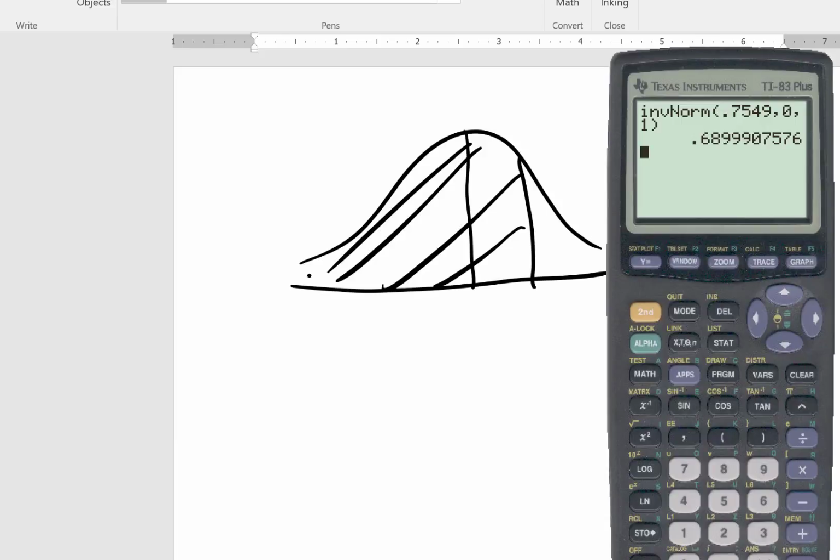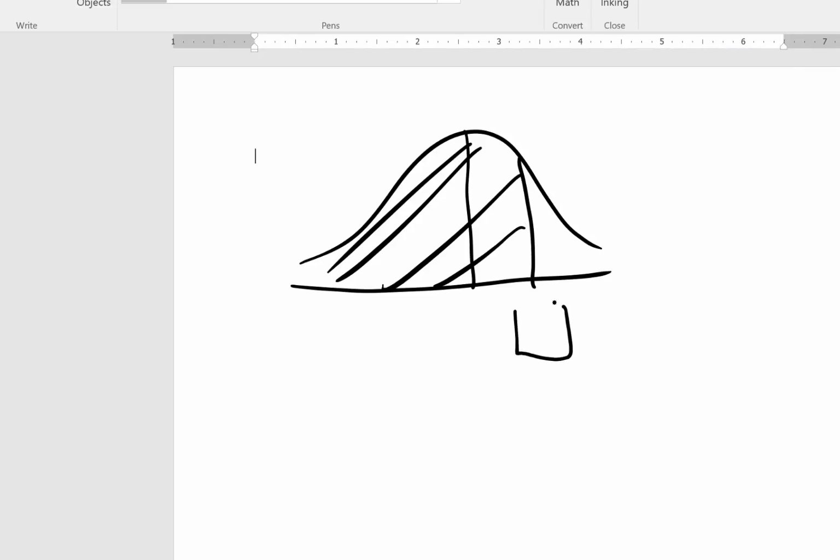Again, when I put in 0.7549, it's assuming it is from negative infinity all the way up to some value. So this value is the 0.69.